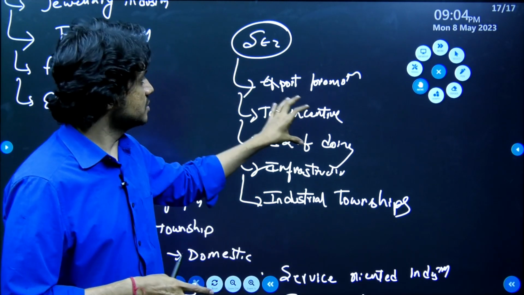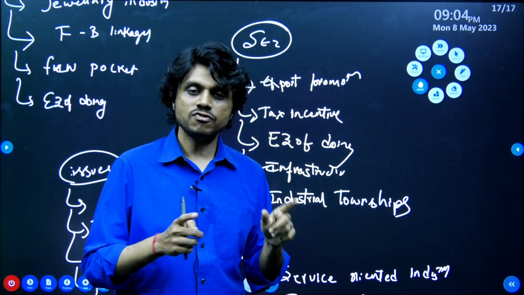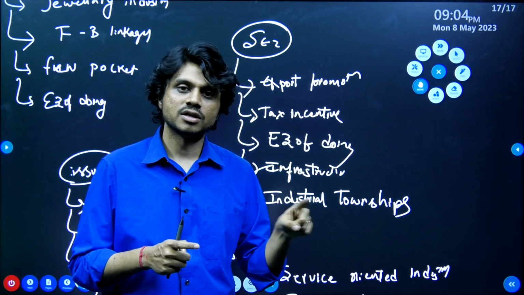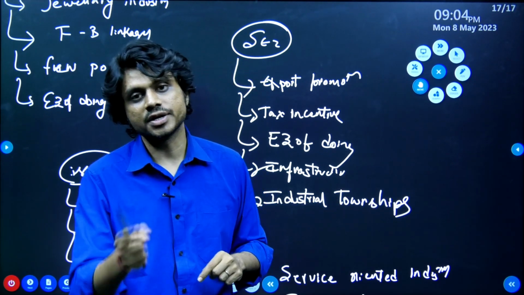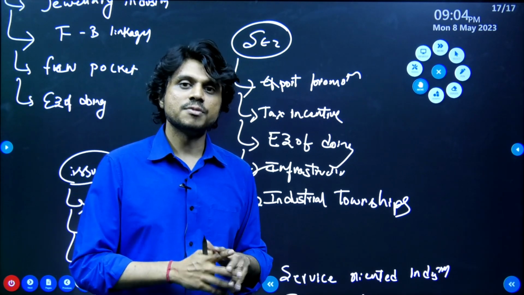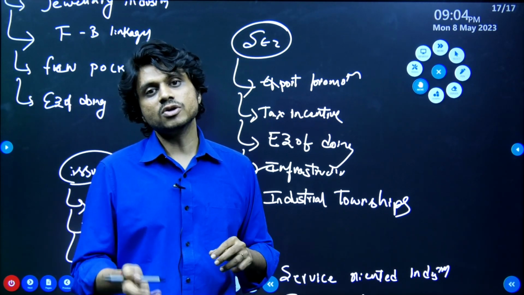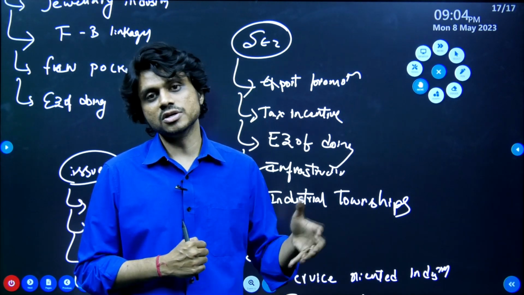Government said, since these are zones needed for export promotion, if any product of an SEZ is sold in the domestic market, that product will also attract customs duty. Because of this, the products coming from the SEZ failed to get a competitive advantage in the domestic market. So they struggled and suffered.